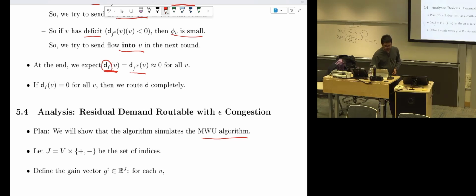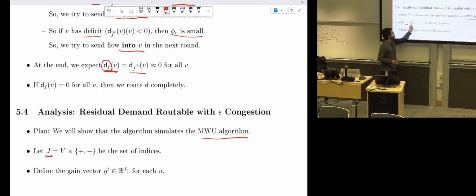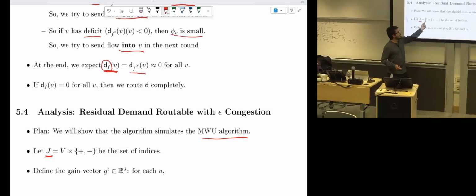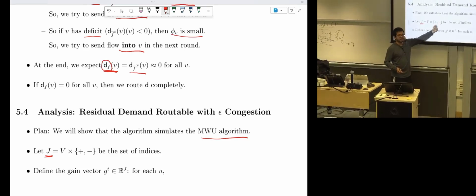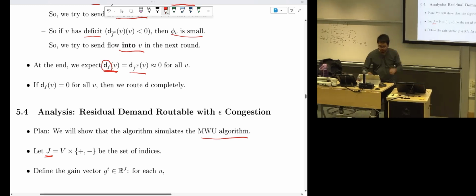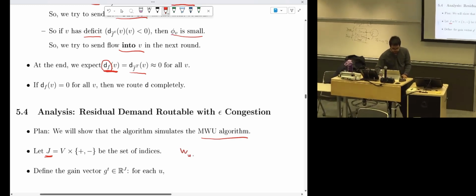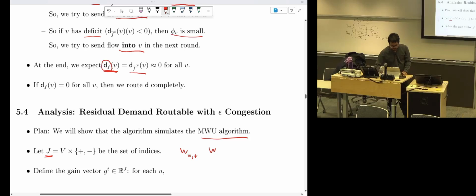So the set of indices is just going to be, for each node, plus or minus. That's why we have the weight W plus and the weight W minus for node u. In the beginning, these weights are all 1.